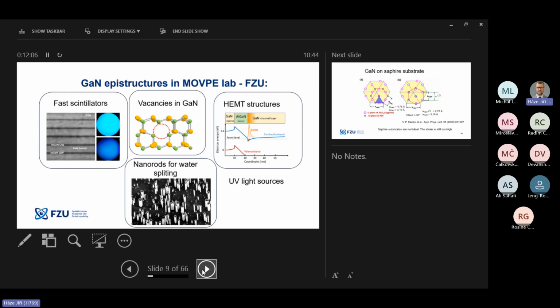And now we are opening a new subject of research, which is nanorods for water splitting, made from GaN nanorods or InGaN nanorods prepared by bottom-up or top-down technologies. So this is what we are starting, and we also start developing UV light sources. So we will see what will be.